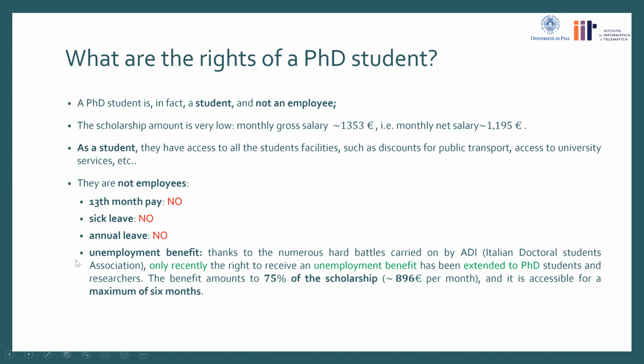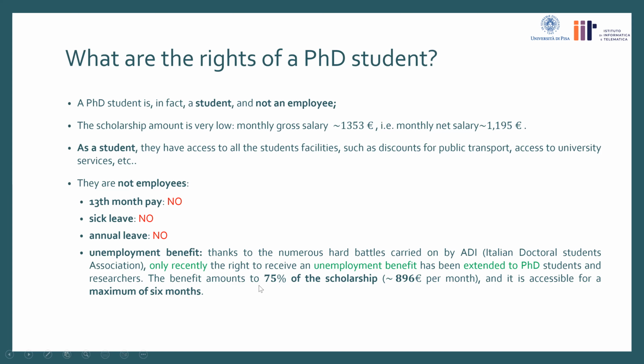Fortunately, thanks to the several battles carried on by the Italian Doctoral Students Association, just recently, I think a couple of years ago, more or less, we have the right to receive an unemployment benefit as soon as we finish our PhD, because there's normally a period where you don't have any research contract, or you are looking for something else and you don't have a salary.